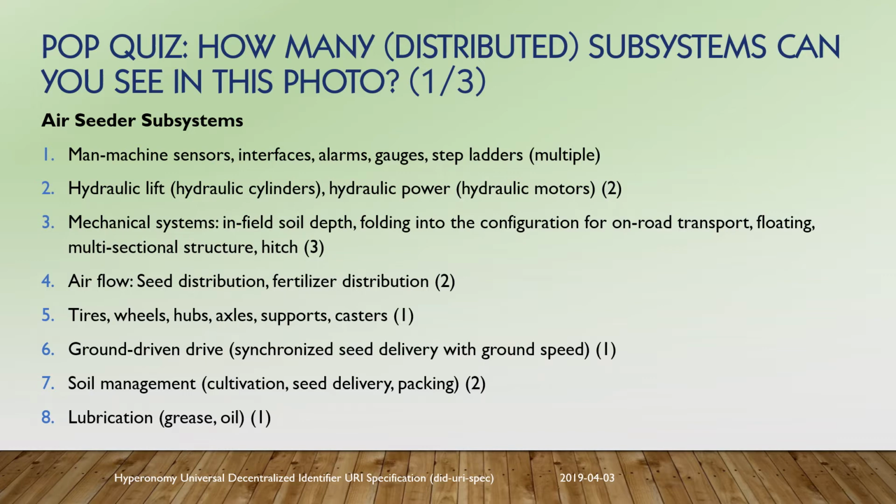And so on the bottom left-hand corner, actually right next to where I'm standing, is a ground-driven drive that's used to actually synchronize the distribution of seed and fertilizer, and then it's the subsequent delivery of that seed into the ground.